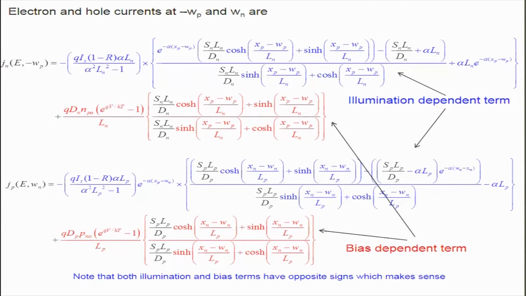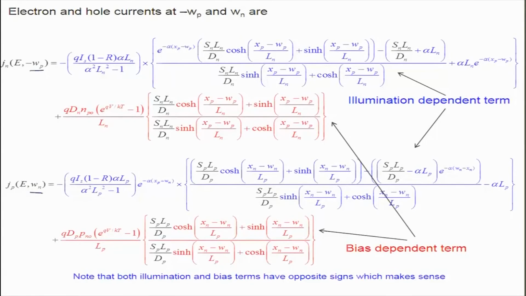You get two terms; this is the electron current at minus Wp and the hole current at plus Wn. So when we look at total current, hole current is calculated at plus Wn, electron current is calculated at minus Wp, and then we will take another current, the SCR current, at the end.